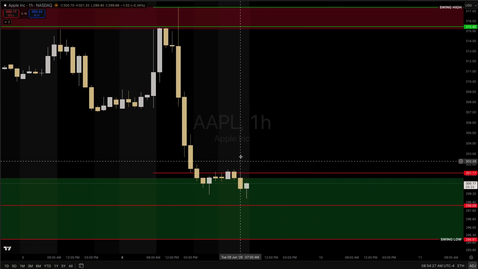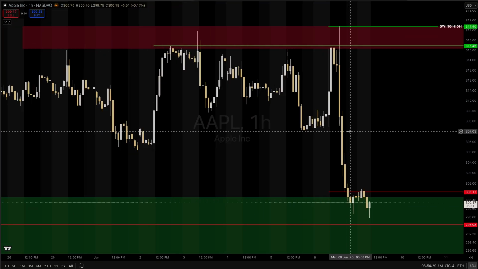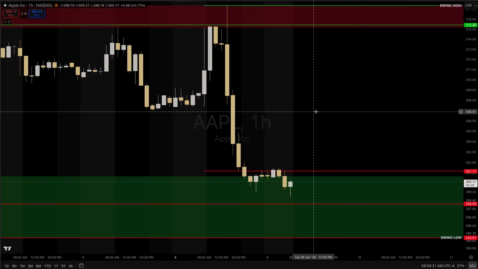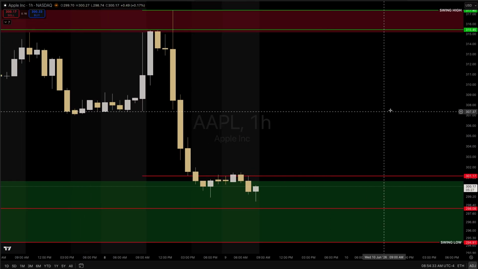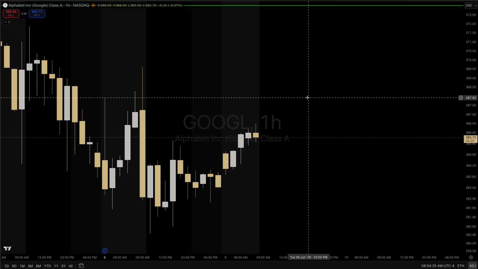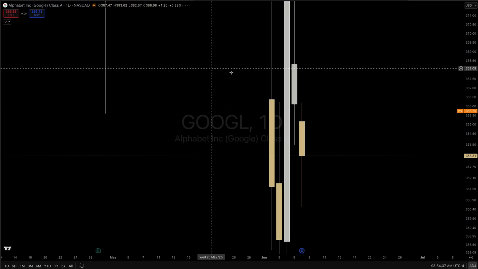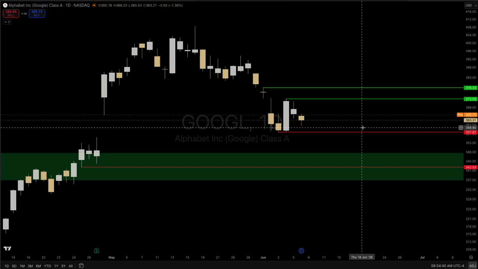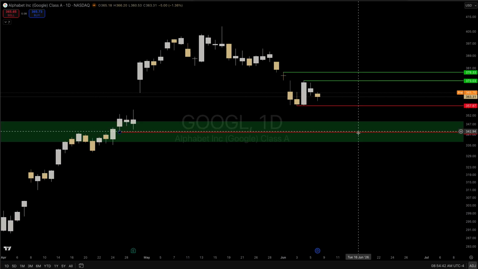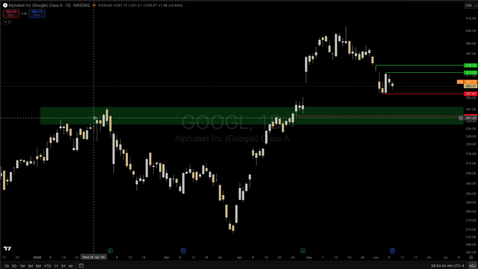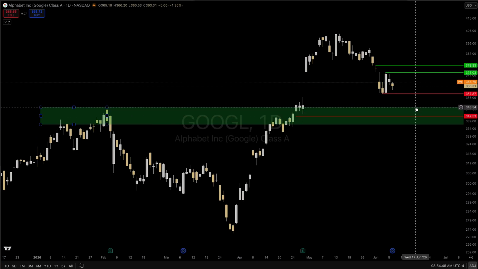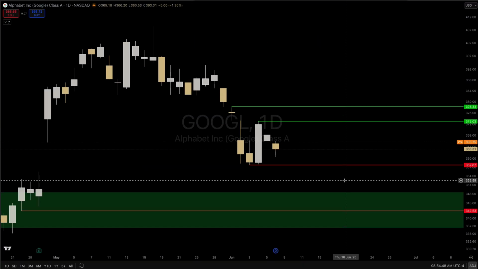So that's what we're going to watch for the Apple. Let's go on the Google. So on the Google we can see this is the now support zone we have, right?